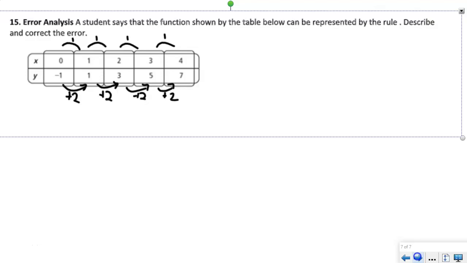So negative 1 is close to 0, it's 1 less. When I multiply 1 times 2, I get 2, and 1 is 1 less. So I multiply 4 by 2, and I get 8, and 7 is 1 less. So I can see that the rule of this graph is take x and double it, but then you have to take away 1 each time.